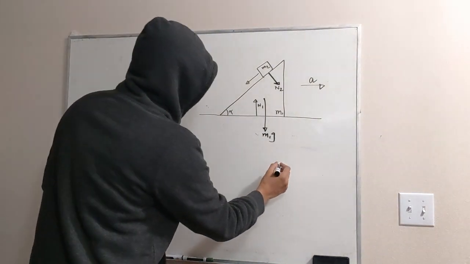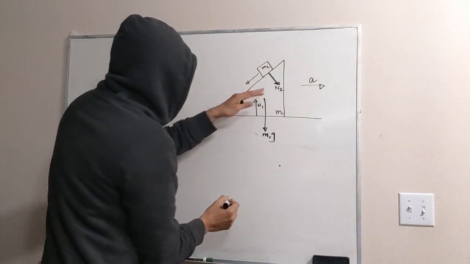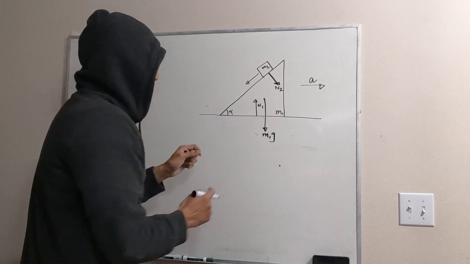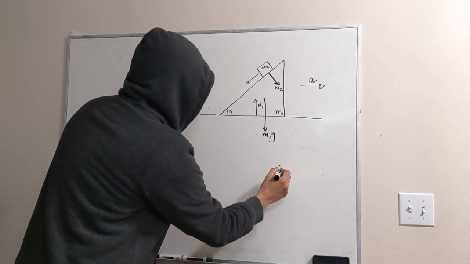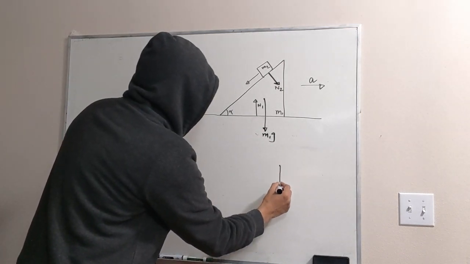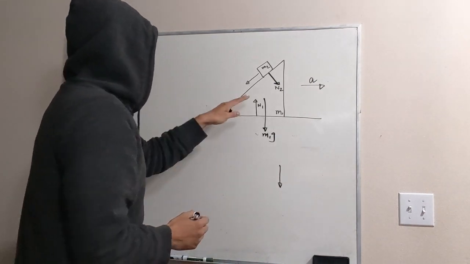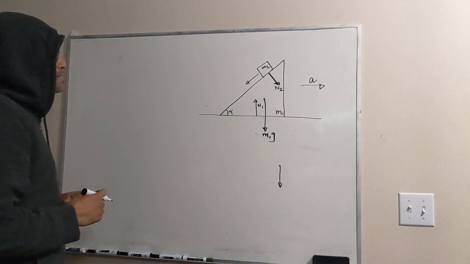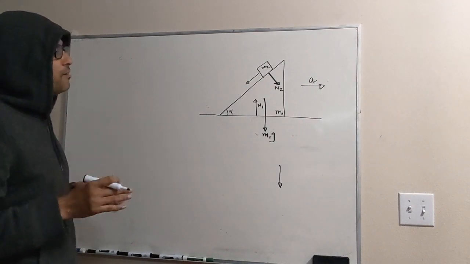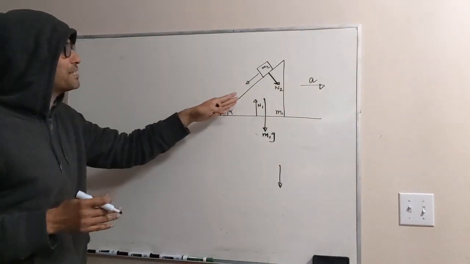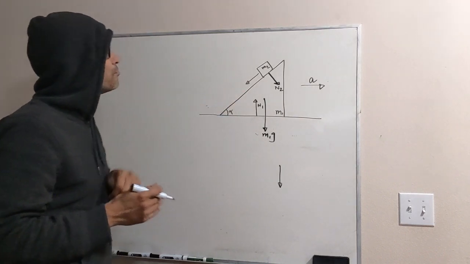Now let us quickly redraw all these forces from the same point, and let's see what is happening. So this m1g is acting. Now before starting the analysis, let us set the frame of reference from where we are computing the motion of this object.